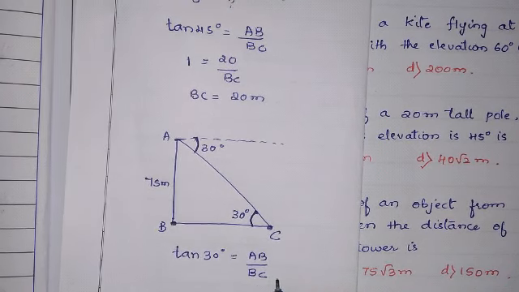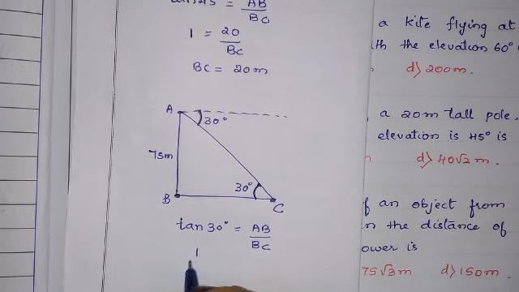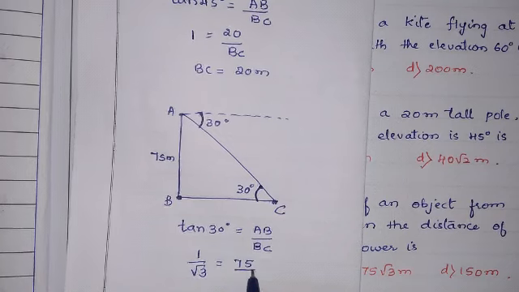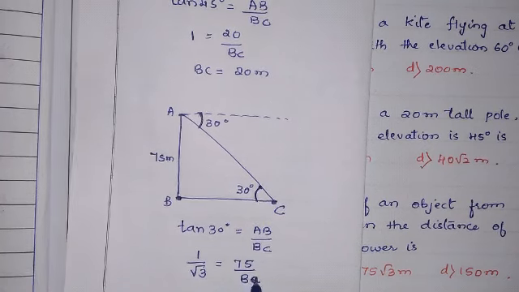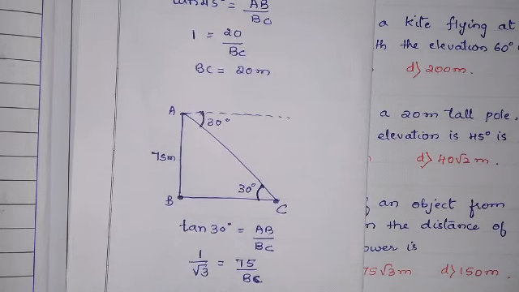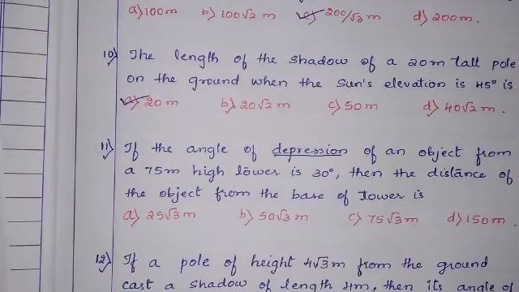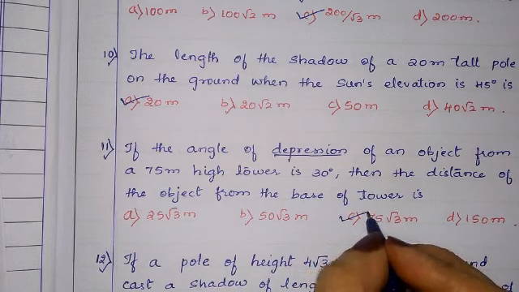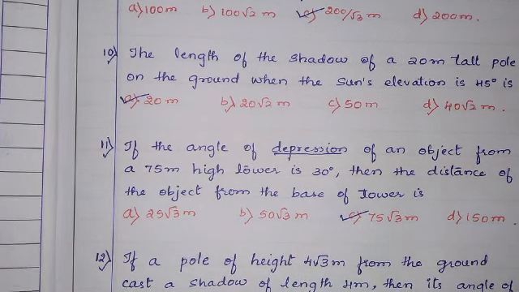Tan 30 degree is nothing but 1 upon root 3. 1 upon root 3 is equal to 75 upon BC. BC into 1 is BC. 75 into root 3 is nothing but 75 root 3. So option C, 75 root 3, is the correct option.